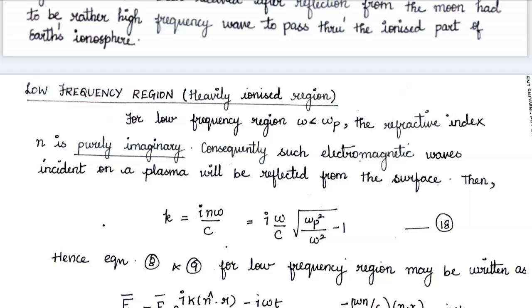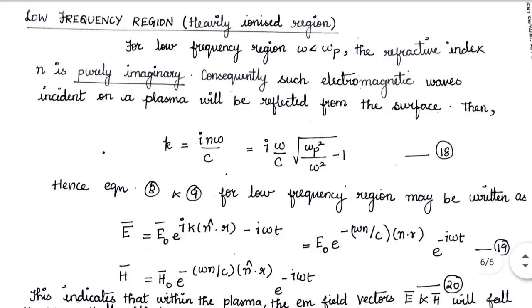So the more the value of plasma frequency, we see omega p by omega value is greater than 1. So 1 minus a number greater than 1, you will get a negative number, root of a negative number, which gives a complex number. So the refractive index becomes purely imaginary. So such electromagnetic waves, when they are incident on plasma, definitely will be reflected from the surface.